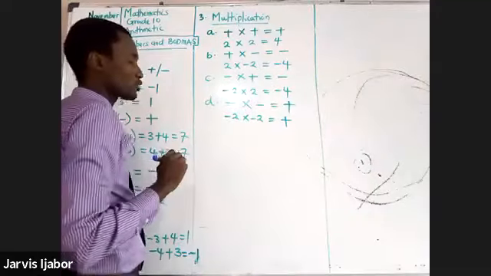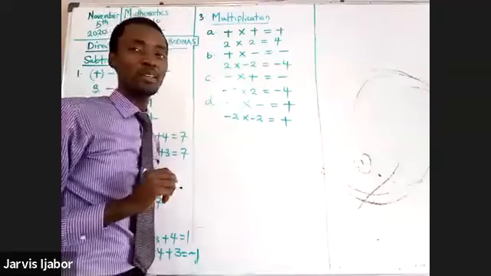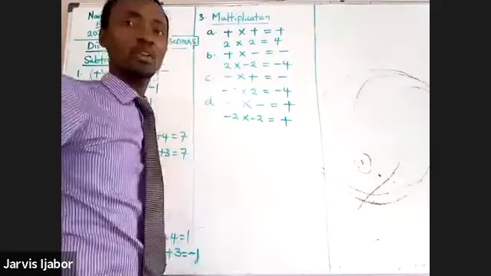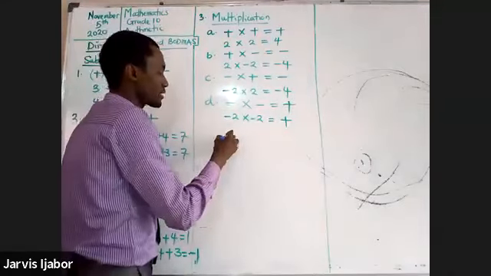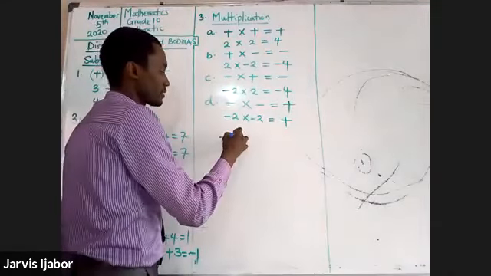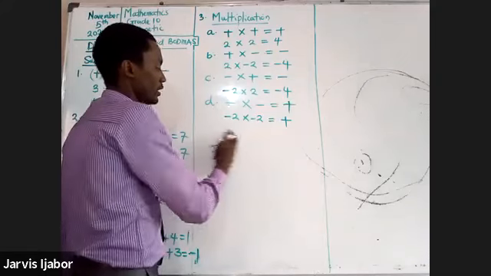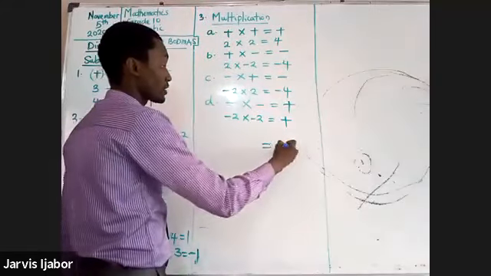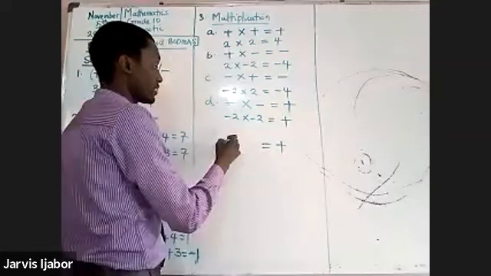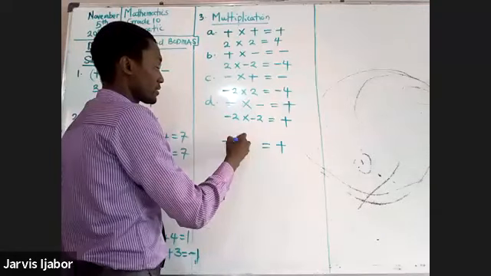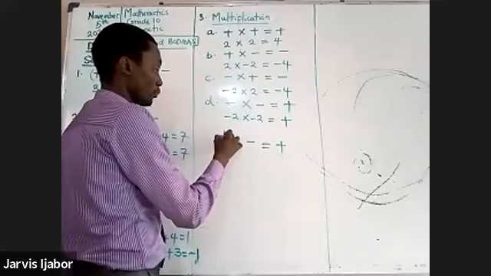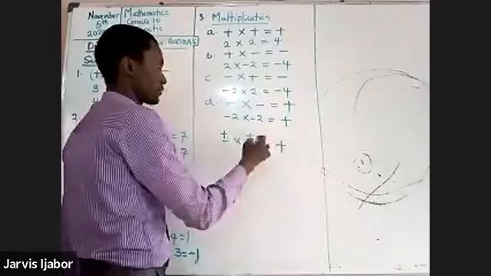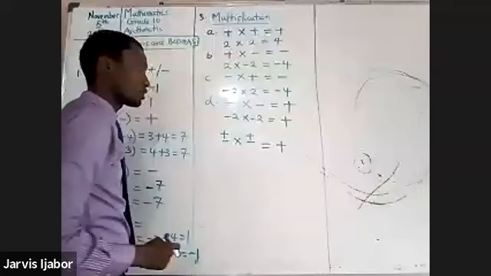Let me drop something that would form a very interesting knowledge for us in the future. If the answer is positive, it means that you either say negative times negative, or you're saying positive times positive.